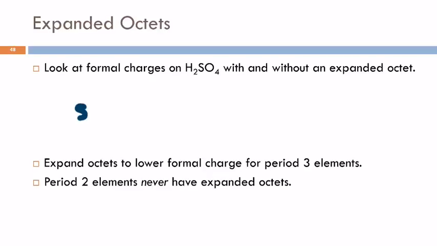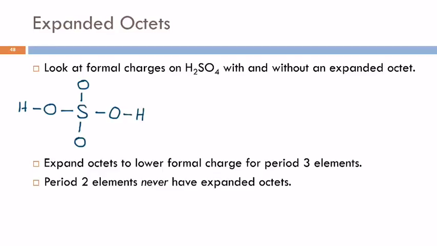So I'm going to start with the wrong marker. I'm going to start with sulfur, and I'm just going to stick the 4 oxygens around it. And then I'm going to stick the hydrogens on the oxygens. Because we're supposed to do it with an expanded octet and without an expanded octet. If I put the hydrogens on the sulfur, that's obviously going to be expanded, so I'm not going to do that.